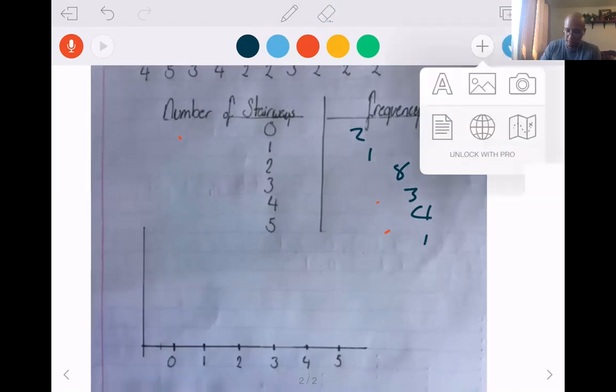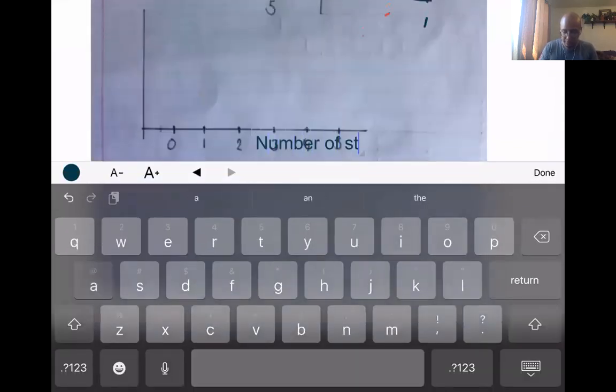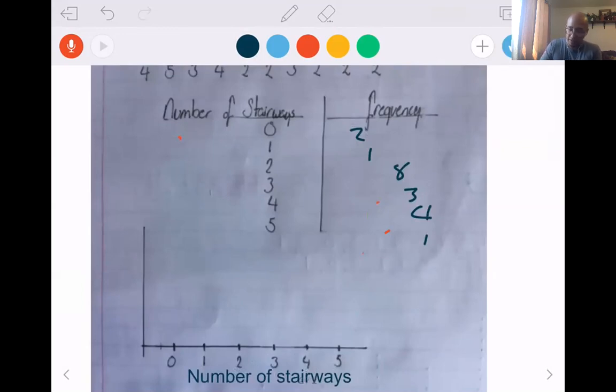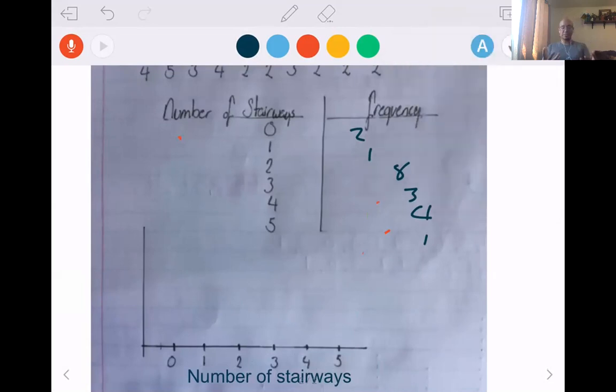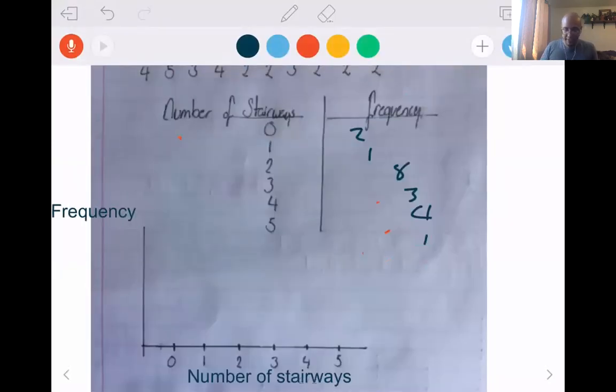What I'm doing right now is labeling my axes. The x-axis represents the number of stairways, and the y-axis is simply the frequency, meaning how many times did I see that condition happen? How many people had that certain number of stairways? So I'm going to write frequency on the y-axis.